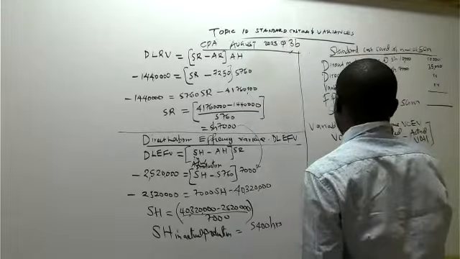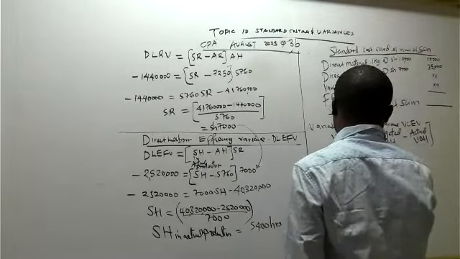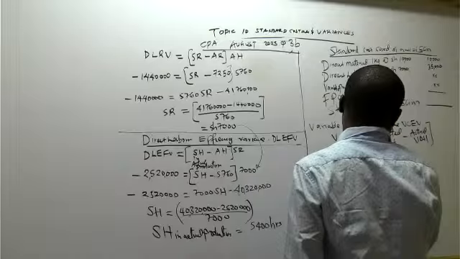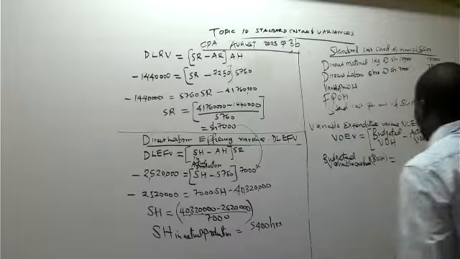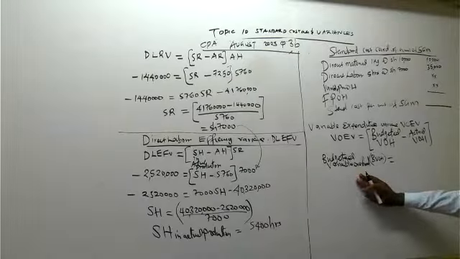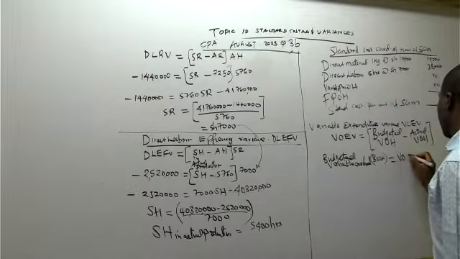So budgeted variable overhead is equivalent to budgeted hours times variable overhead absorption rate. Budgeted variable overhead is equivalent to variable overhead absorption rate.